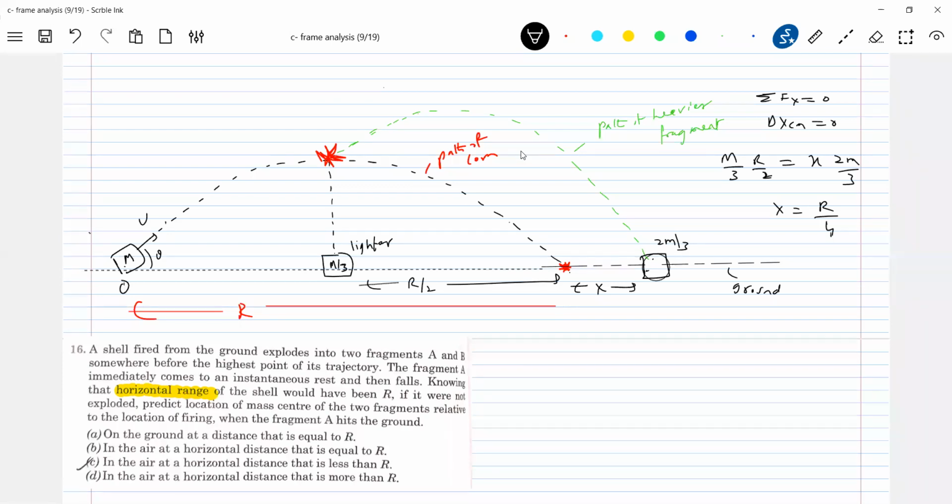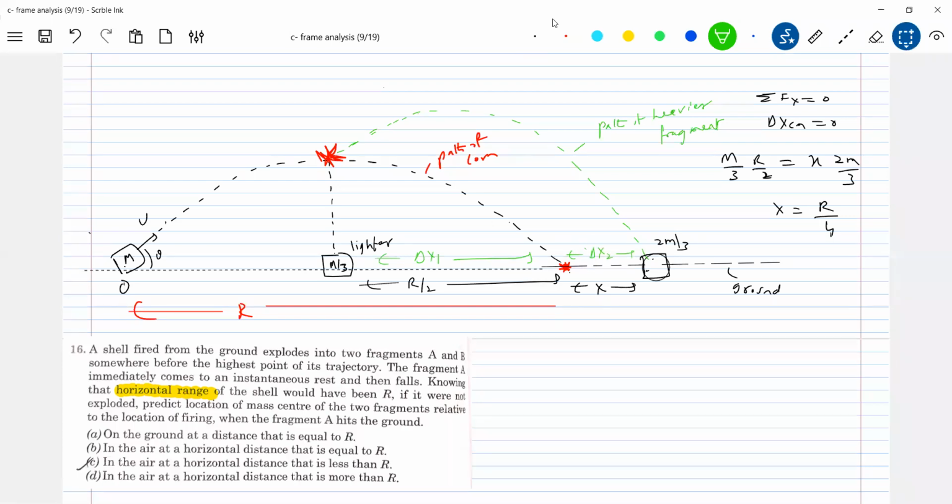If the explosion had not occurred, what happened? The particle, the explosive, would have been here. Due to explosion, what happened? The fragments separate. So how much did the lighter fragment get displaced? So m1 delta x1 should be equal to m2 delta x2. I'll call this delta x1.